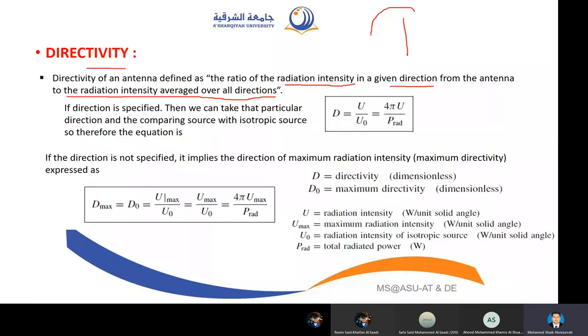An isotropic antenna radiates electromagnetic waves in all directions, like in a circle, which in real life is not possible. This is just a hypothetical assumption. So any antenna radiating around 360 degrees, we call an isotropic antenna. We will take this as a reference.